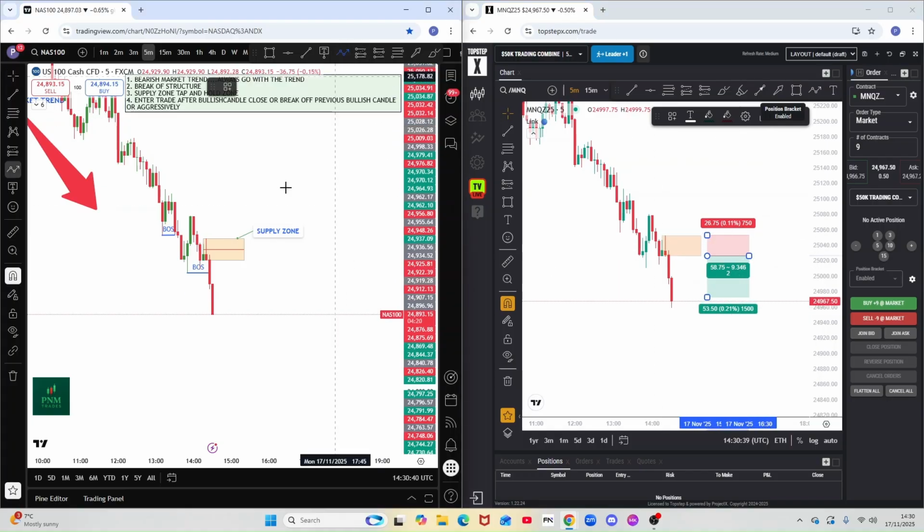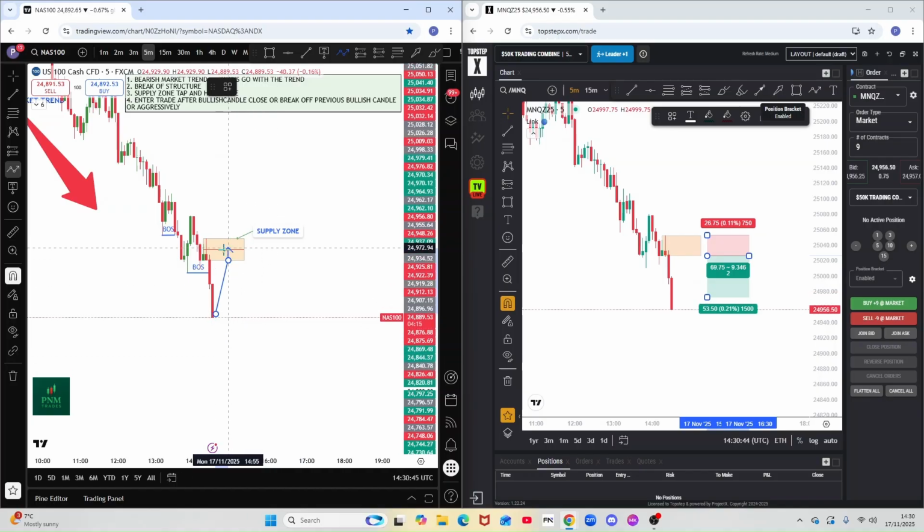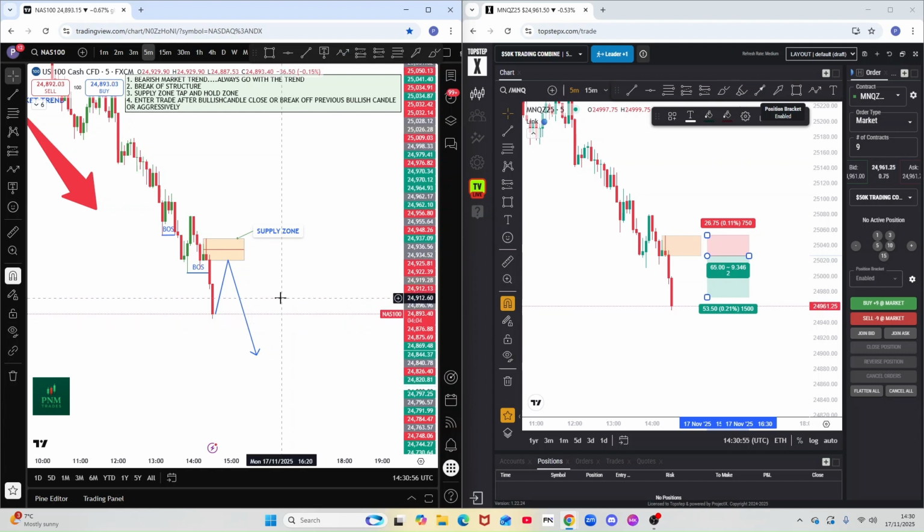So now we're just waiting for the price to come back up. Again, hold the zone and not invalidate, then potentially keep going down. Simple process. Straightforward and simple.